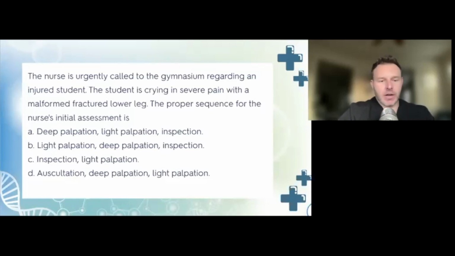Right here, it's a fracture on the lower leg, so we're not going to deep palpate it at all. And again, deep palpation would only occur after the light palpation. Okay. Auscultation is used to evaluate the sound. But again, C, inspection and light palpation.